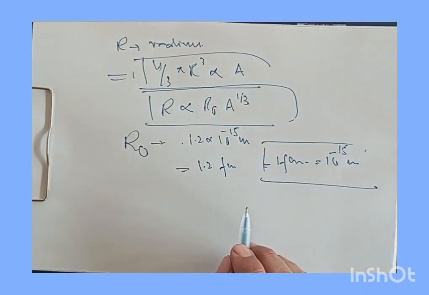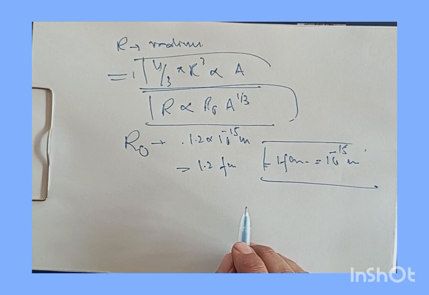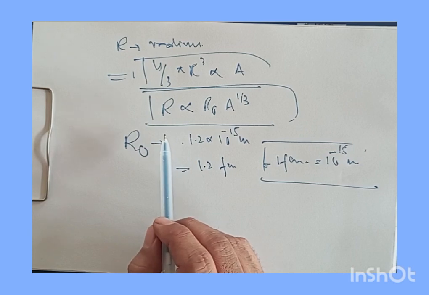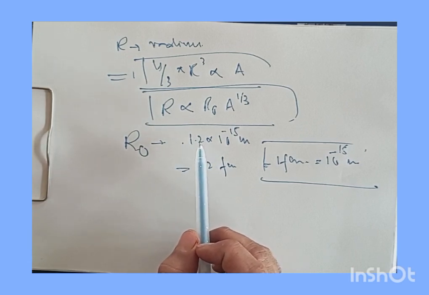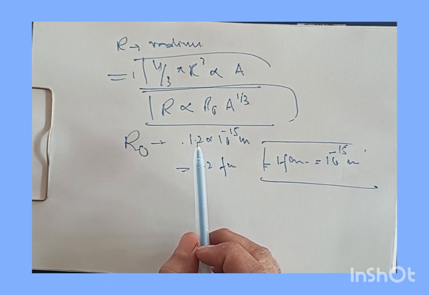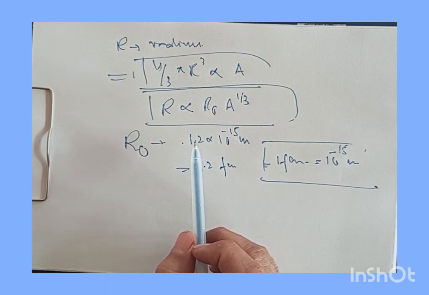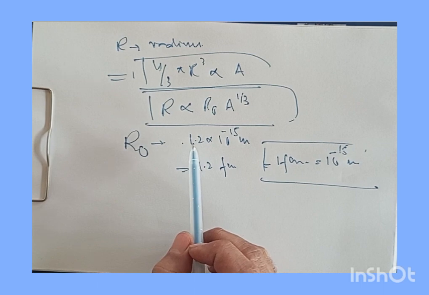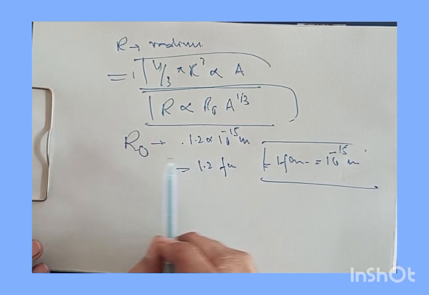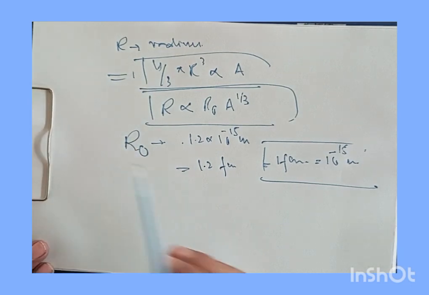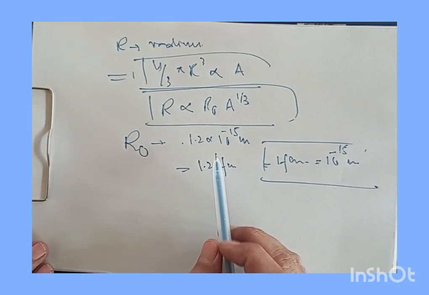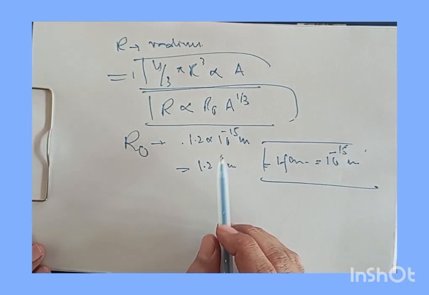So this is how the relation between the radius of the nucleus and its mass number can be obtained, which gives us a measure of the approximate size of the nucleus. And certainly this is going to increase for those nuclei whose mass numbers are more.